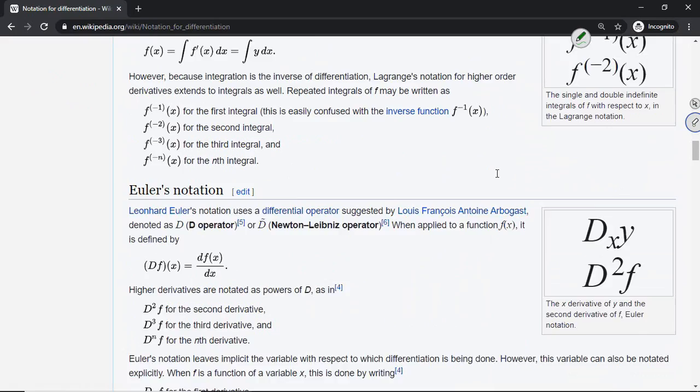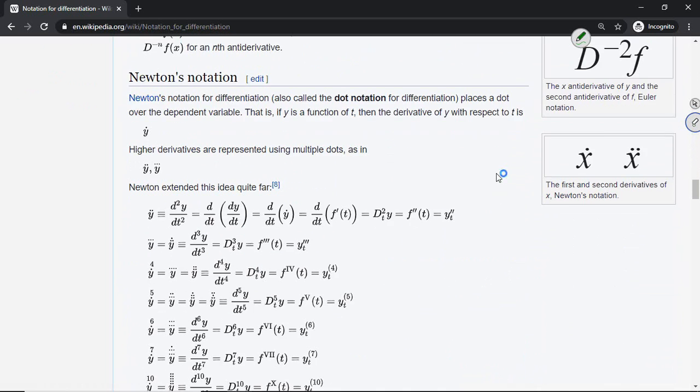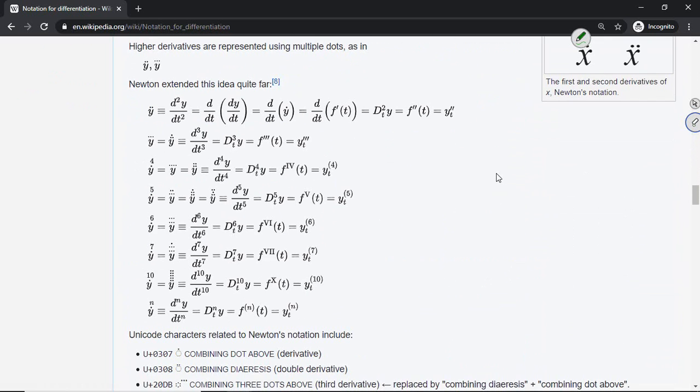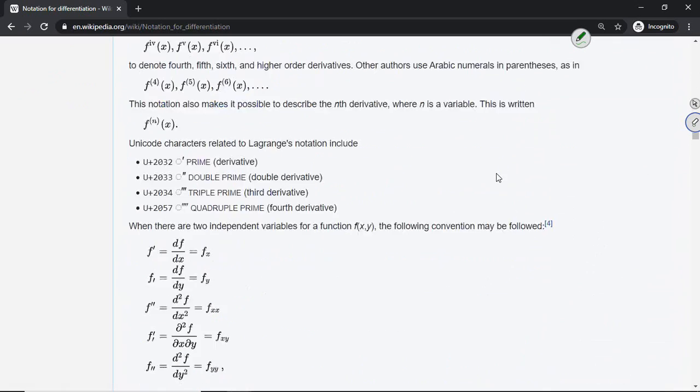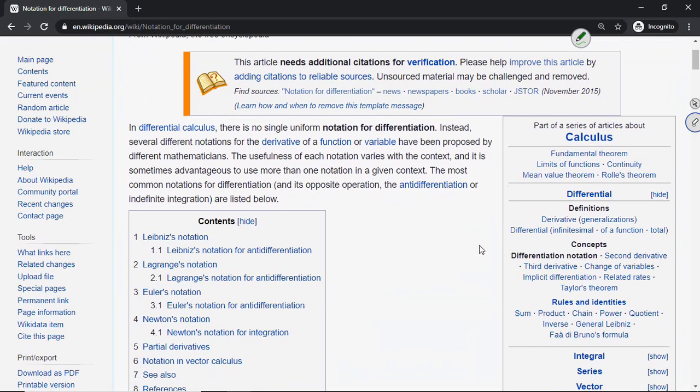We have other notations developed by Euler and Newton. And in different contexts of mathematics, different derivative notations tend to be used. Sometimes one is more preferable than another. Sometimes it's just historically what we use in that subsection of mathematics.